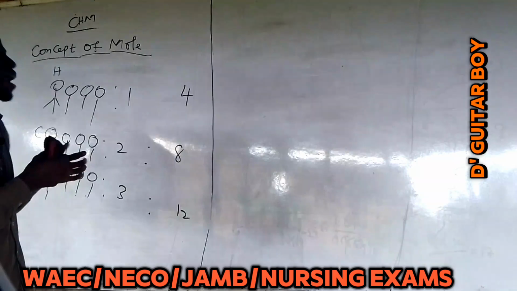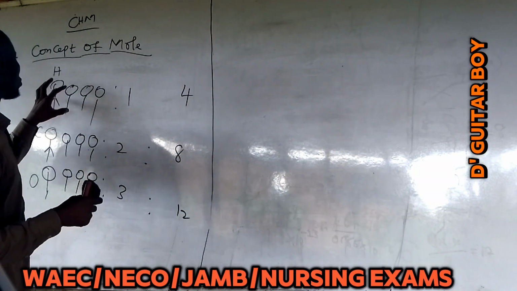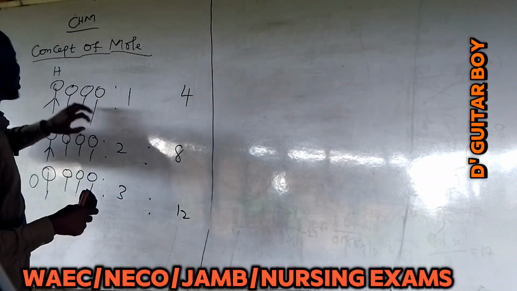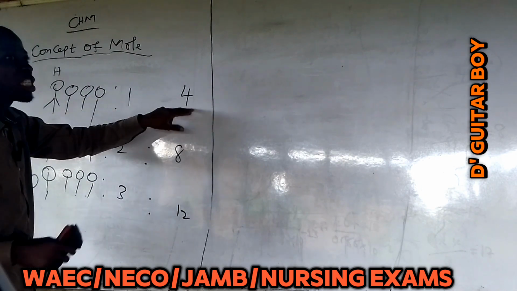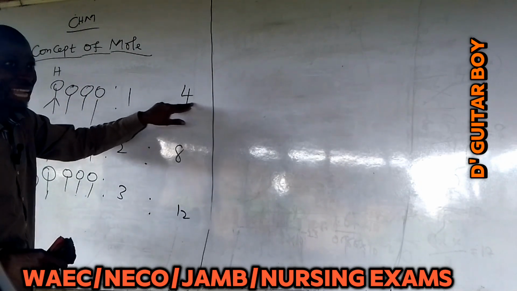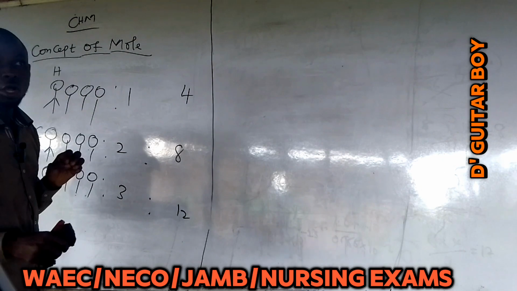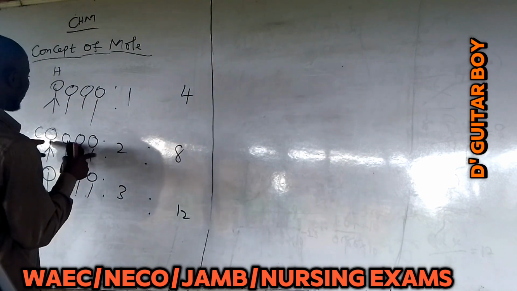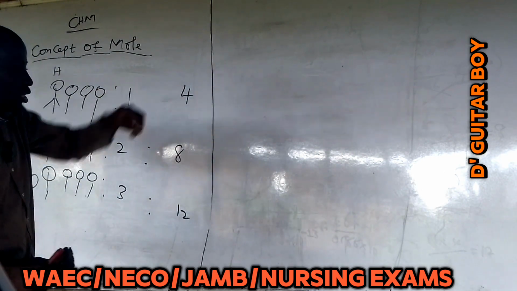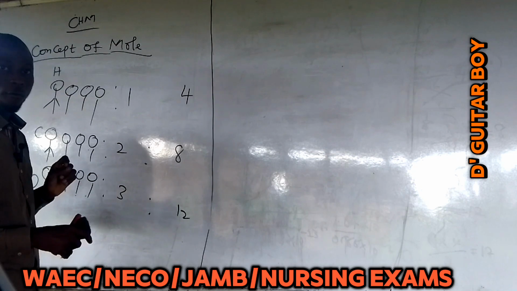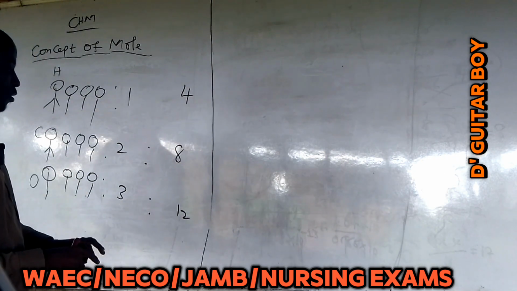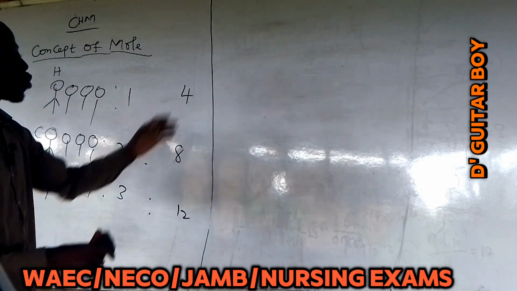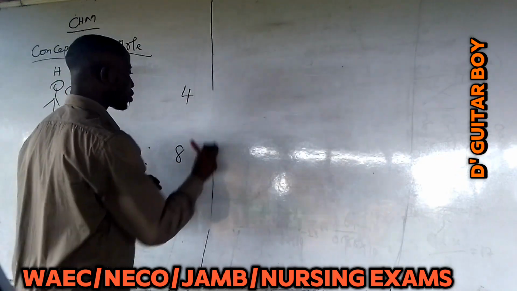The actual number of particles of oxygen that will give you this mass that you now assigned is 4. The actual number of carbon atoms that will give you this 8 is 4. The actual number of this is 4, I mean.